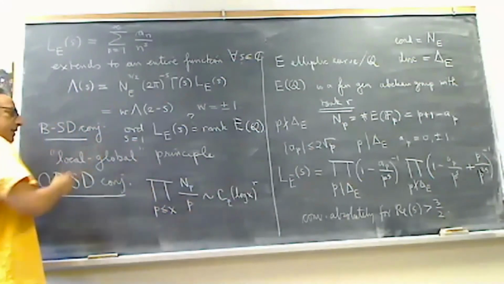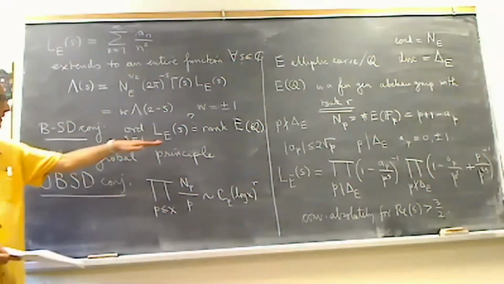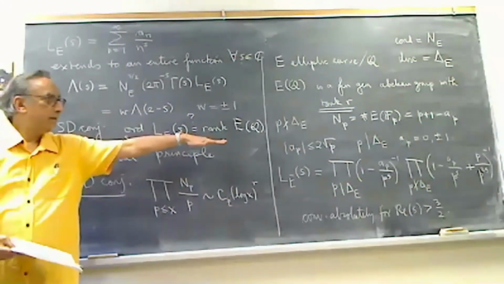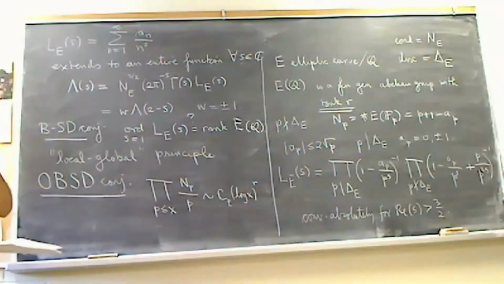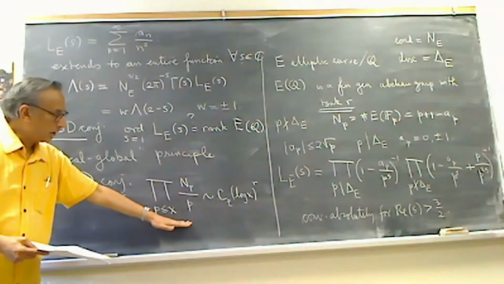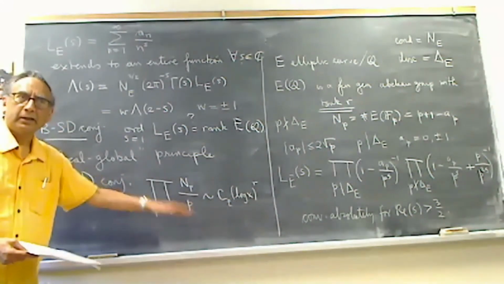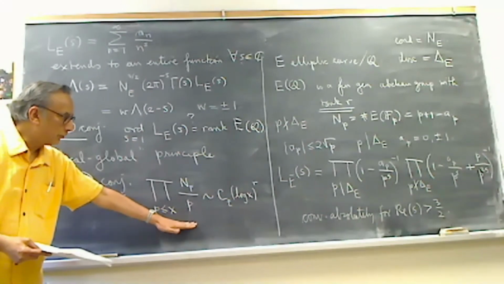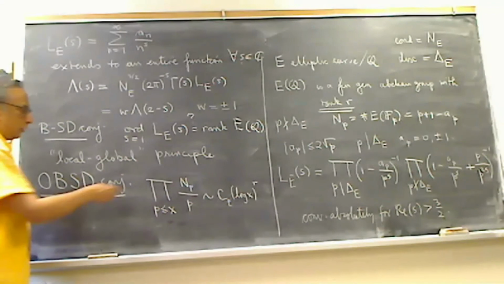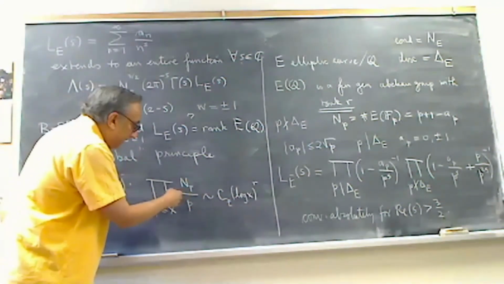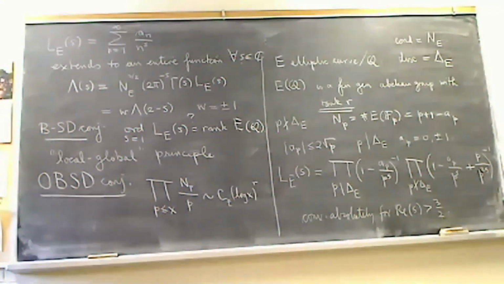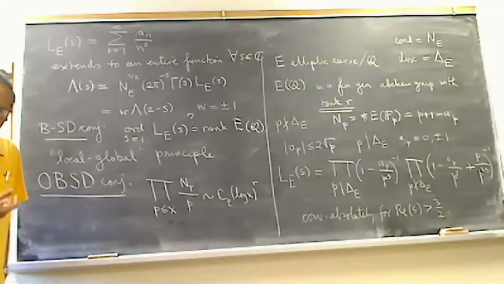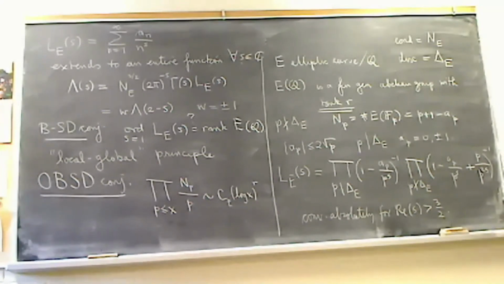Before they had this finer version, that the order of the zero has to be the rank of the curve, they experimented numerically in a series of papers, beautiful papers by the way, and managed to make this kind of local-global principle idea, that somehow information about points modulo p should, for a sufficiently large number of primes, give you information about the rank.